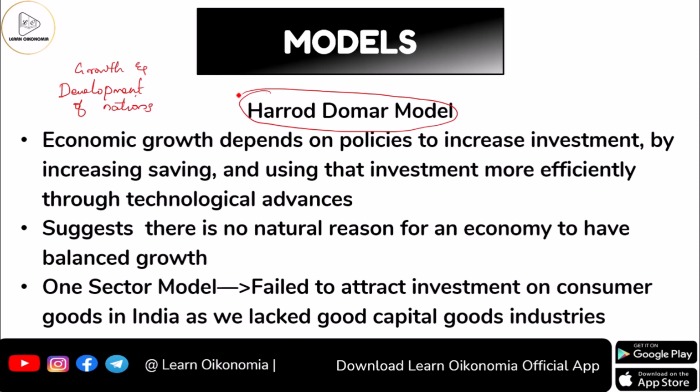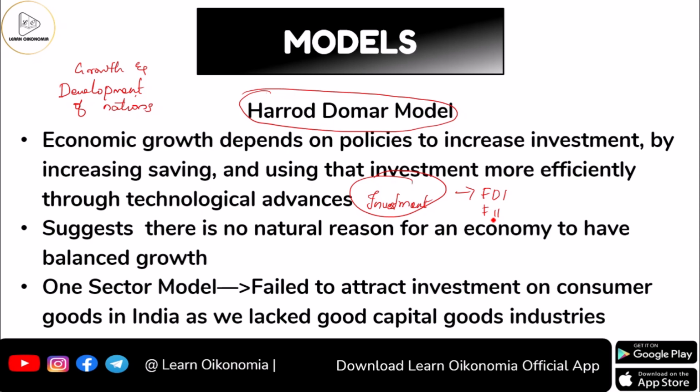Okay, so let us come to the particular model and how it has influenced India. The model says that economic growth depends upon the policies related to investment. So the model was giving emphasis to investment in the economy, and this investment plays an important role in India's development. Also, India is a nation that promotes foreign direct investment, foreign institutional investment, things like that.